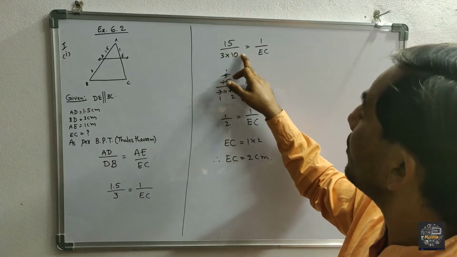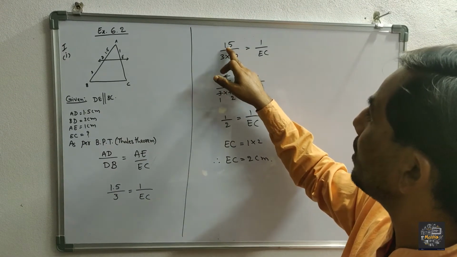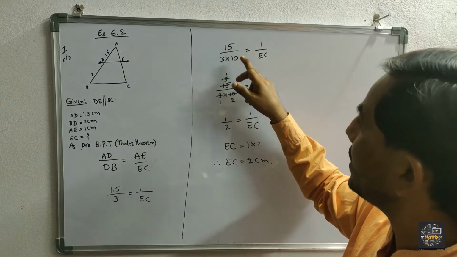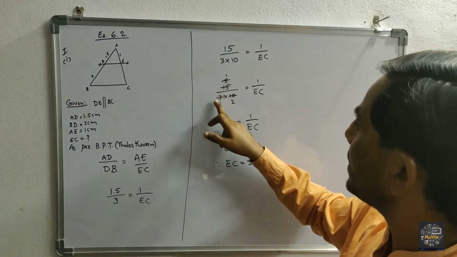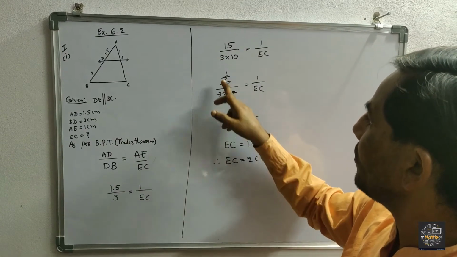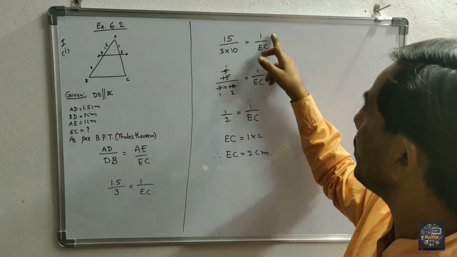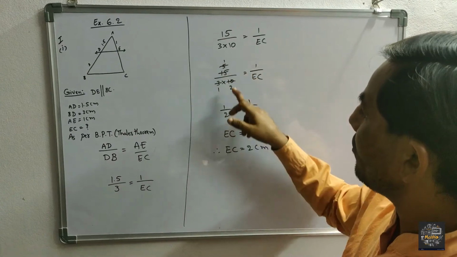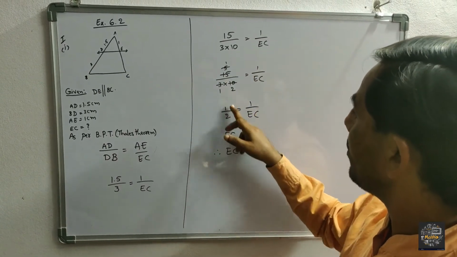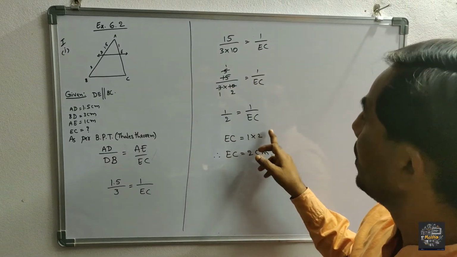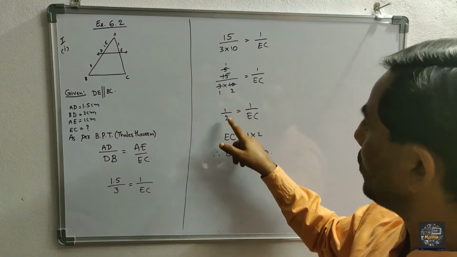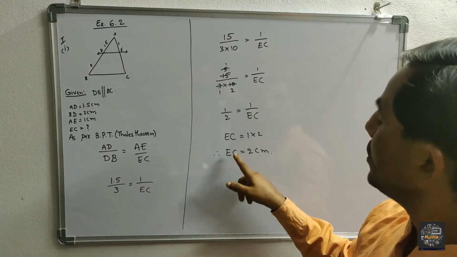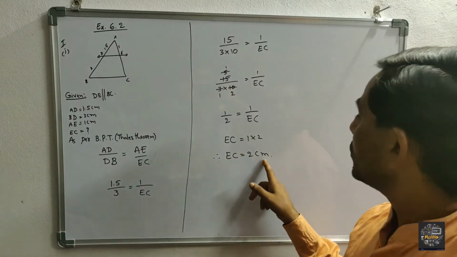Why we are writing 10 here: after the point there is 1 digit, so you write 10 in the denominator. Cancellation: 3 ones are 3, 3 fives are 15, again 5 ones are 5, 5 twos are 10, so we get 1 by 2 is equal to 1 by EC. So cross multiplication, EC is equal to 1 into 2. Therefore EC is equal to 2 centimeter.